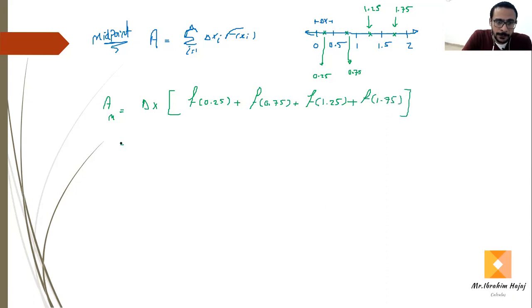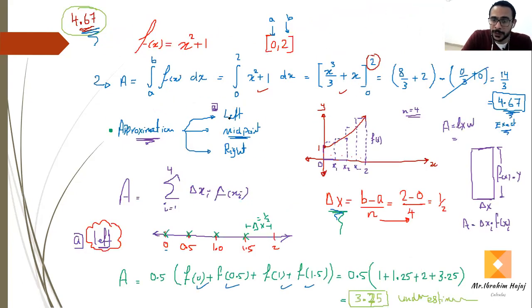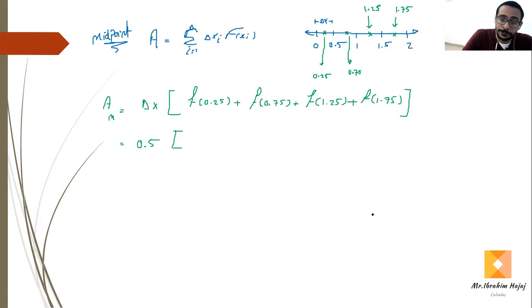Delta x is constant for all, which is 0.5. How do we find delta x quickly? We remember b minus a over n. Yes, f of 0.25, we plug it into the equation.